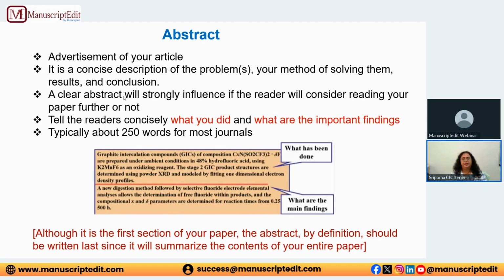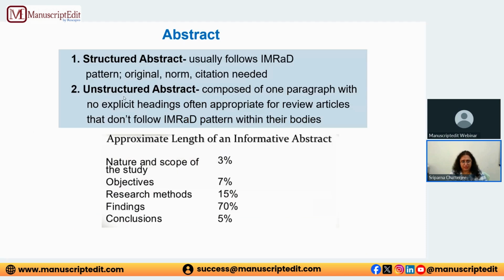You have to highlight them, and at the same time, very briefly, very precisely, you have to state the final outcome of the study. This is very, very important. These are basically the types of structured abstract and unstructured abstract.